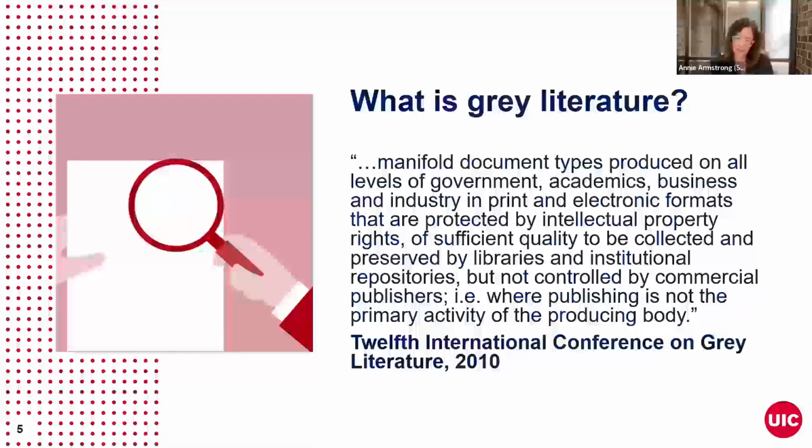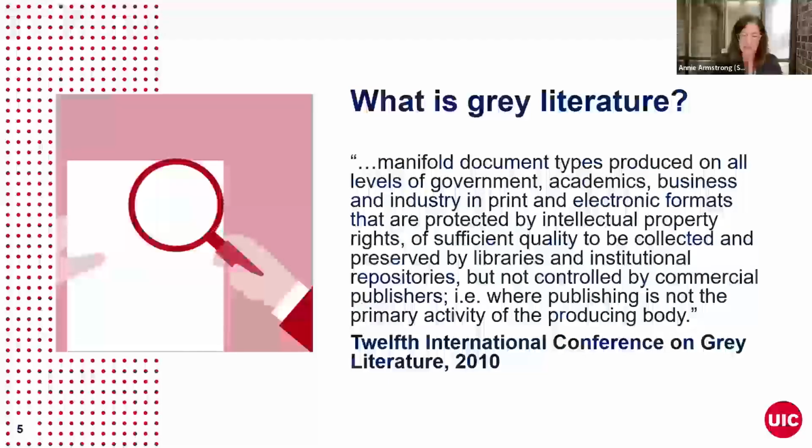And then another element of this, in addition to the breadth of formats and authors, is quality. So the literature considered gray literature, if you're going to include it, should be of sufficient quality to be collected and preserved by libraries and institutional repositories, but not controlled by commercial publishers.